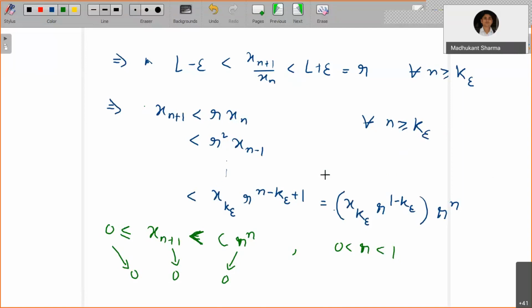So what happens here is, you can add this term. How will you identify the pattern? By looking at the suffix of x and the power of R. The suffix and the power sum up to n plus 1 in each term. So when you are ending with x k epsilon, because you can't go beyond x k epsilon, what should be the R power?